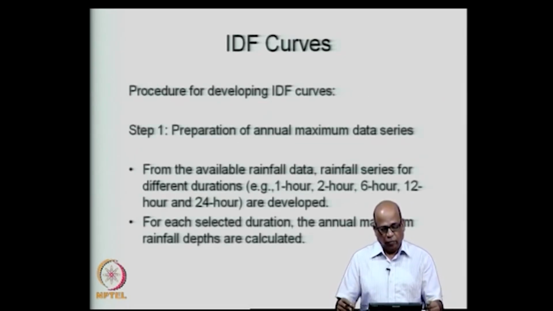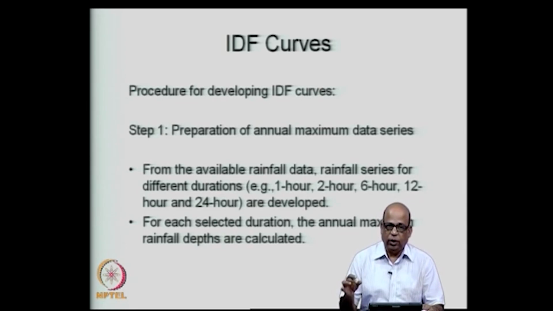Okay, so, what do we do in this? First, from the observed data, we construct an annual maximum data series for various durations. What do I mean by that? Let us say you have hourly data for last 30 years, which means what? For every hour you are measuring. So, in 24 hours you have 24 data, in 1 year you have 24 into 365 data.